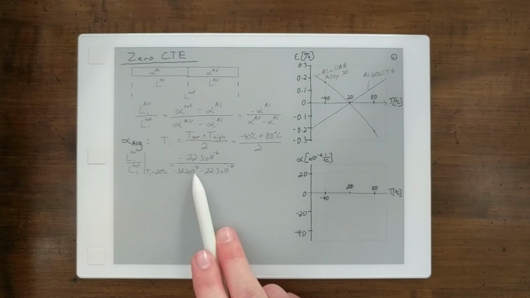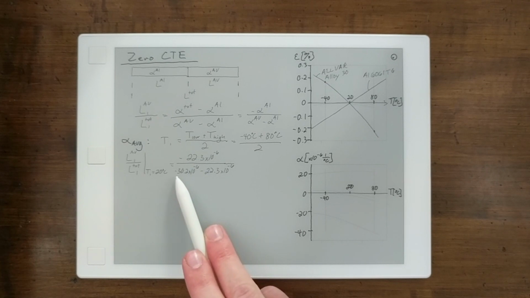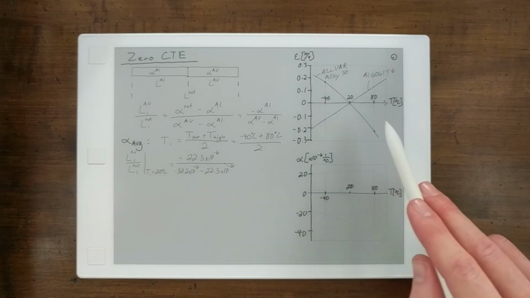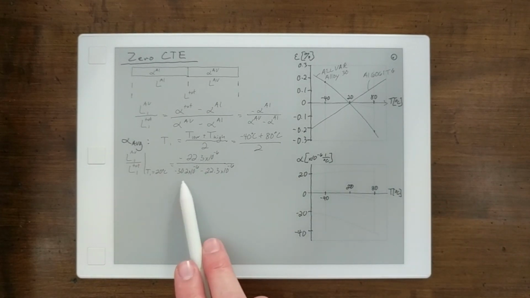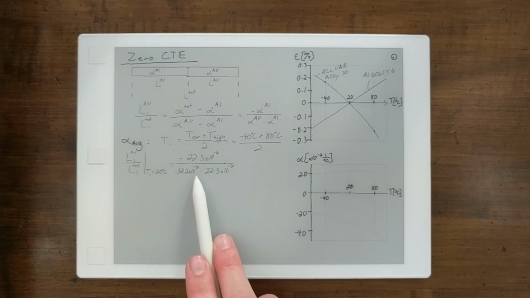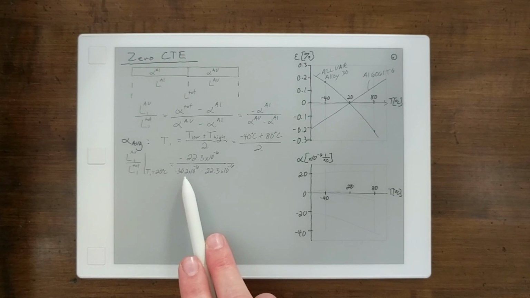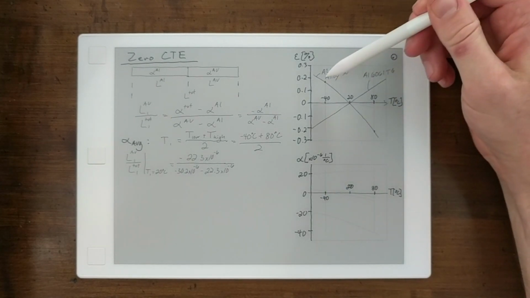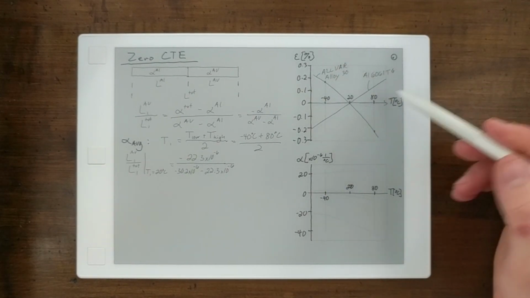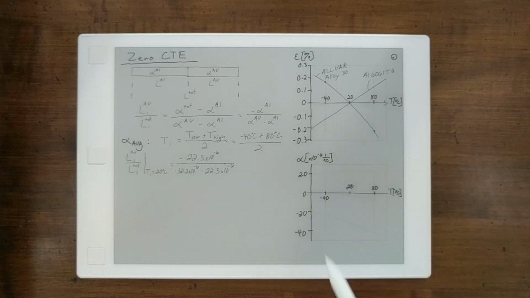So this is the average CTE from negative 40 to 80 degrees C of ALLVAR Alloy 30, which is negative 30.2. This is real data from a real piece of material, and so it's not exactly 30, but it gives you that ballpark range, which is really good. So this is true actual data collected on these materials.